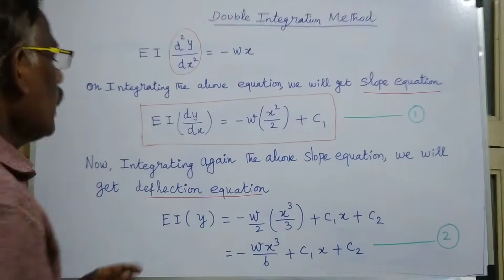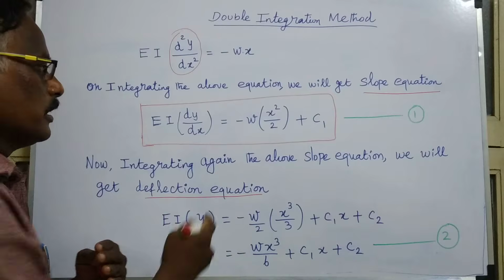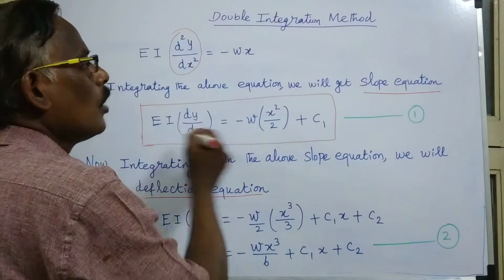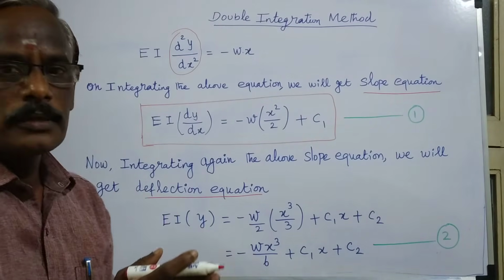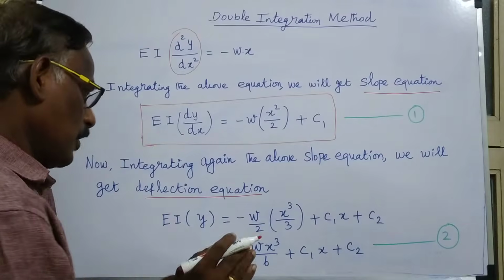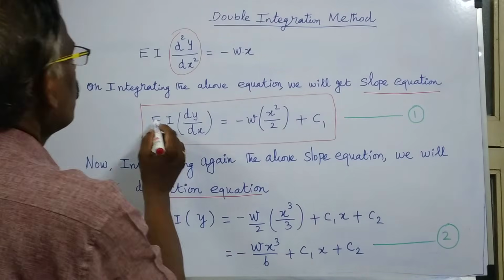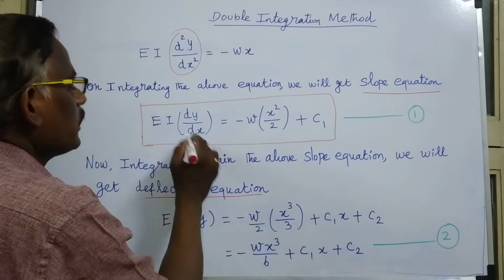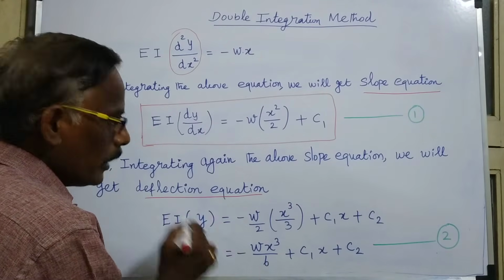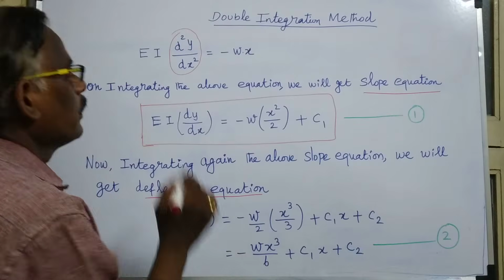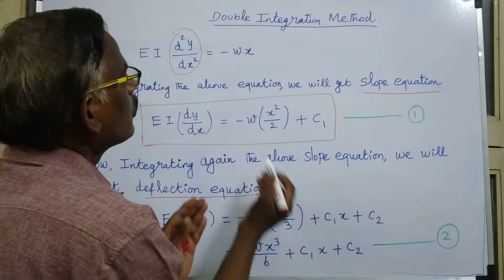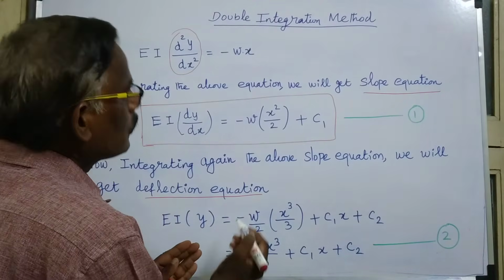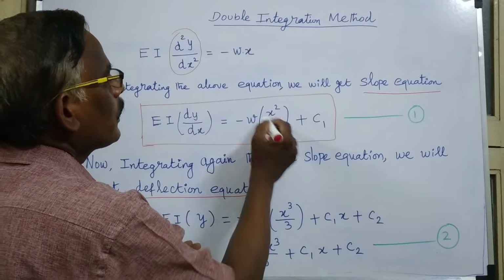Now, integrating again, if you integrate this slope equation, you will get the deflection equation. If you integrate the dy by dx term, you get y, the deflection. Now, taking W by 2 out, you have the x squared term.